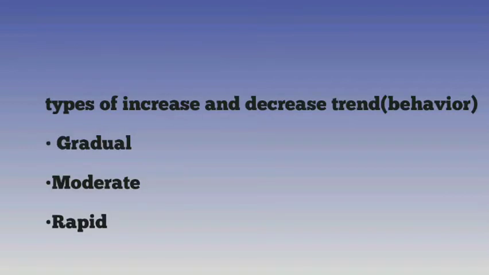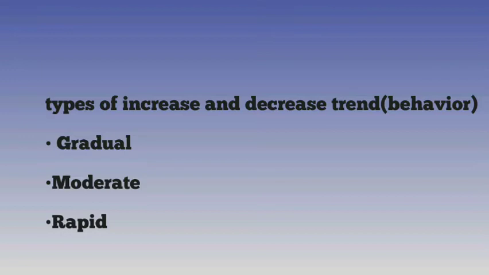But the interesting fact here is that increase and decrease are further divided into 3 categories. Let's see what those categories are. Here we have increase and decrease further divided into 3 parts: gradual, moderate, rapid.